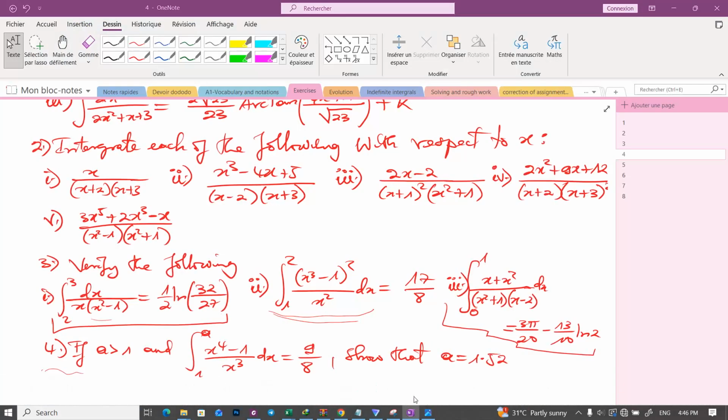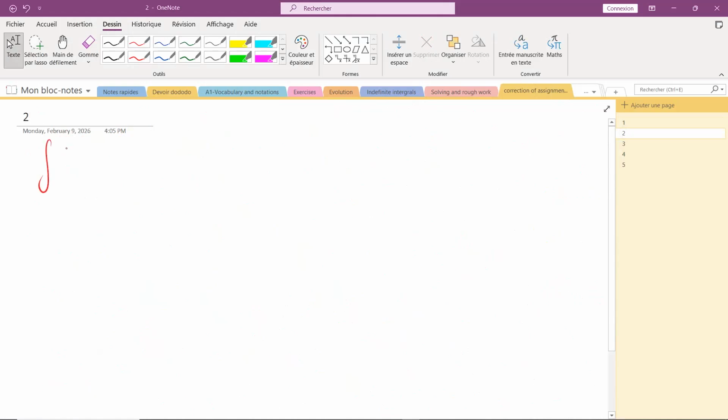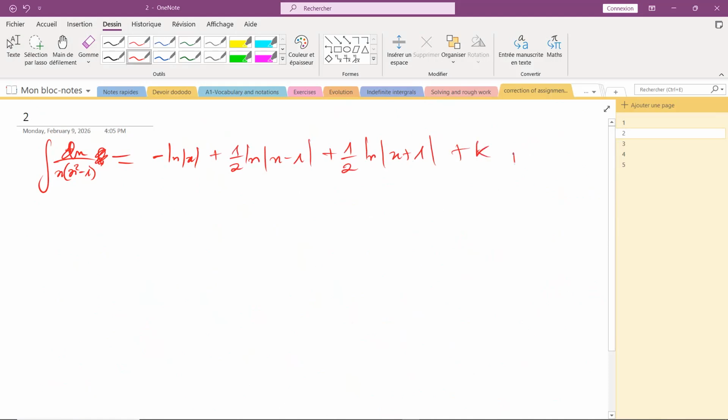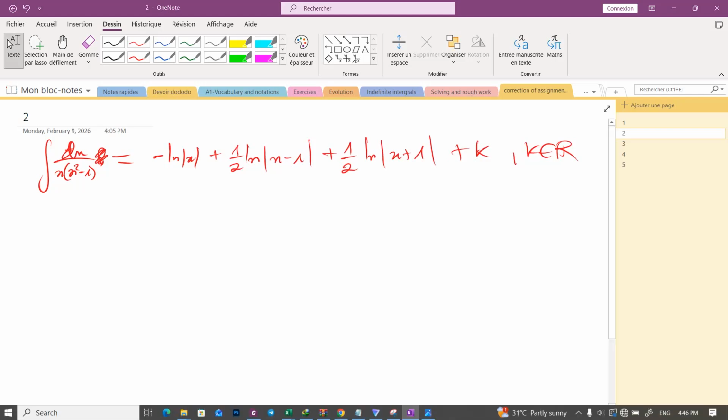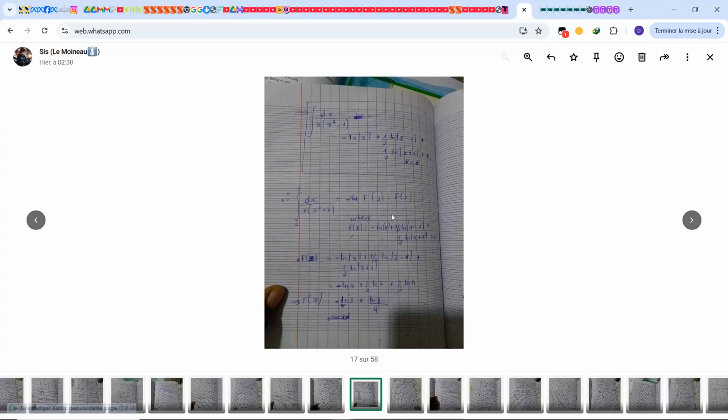In your answer, the integral of 1 dx over x times x squared minus 1 was equal to minus ln of the absolute value of x plus a half ln of x minus 1 plus a half ln of x plus 1 plus our constant k belonging to R. Let me check. Yes, that's exactly what you had.